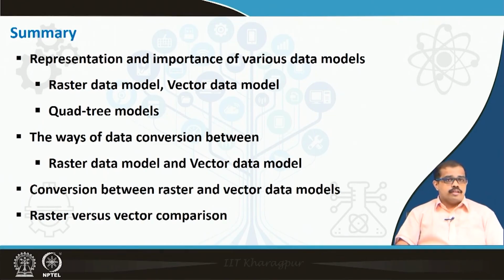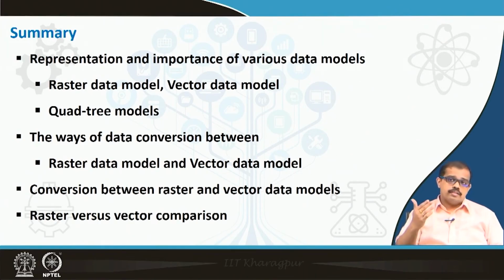When you are doing conversion between raster and vector data models, you have analyzed how it converts raster to vector data. Raster to vector data is in the form of a boundary; it builds up a boundary, then converts based on whatever the attribute value is. I gave an example of urban, vegetation, water and other categories, so it converted into a 4-category vector data.